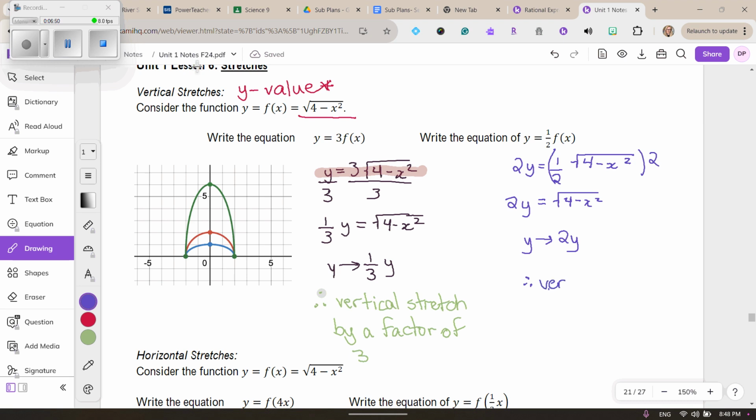Vertical stretch by a factor of 1/2. So notice, once again, it's the reciprocal of the number that we replaced it with. You'll probably start to see the pattern that a lot of these are the opposite of what they actually are.